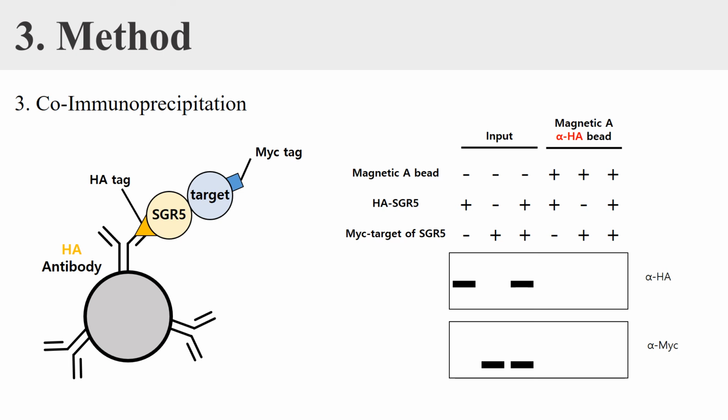In addition, in co-IP, bands should appear from HA-SGR5 single and HA-SGR5 and MYC-tag target as detection results by HA antibody. And as a result of detection by MYC antibody, the band should not appear in the place where only MYC target was expressed, but the band should appear when expressed with HA-SGR5 and MYC target together.